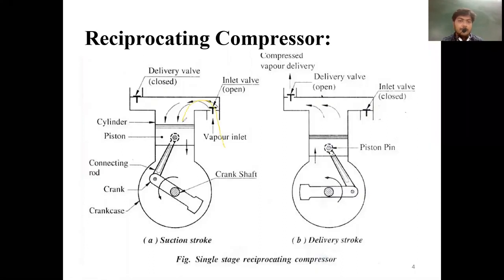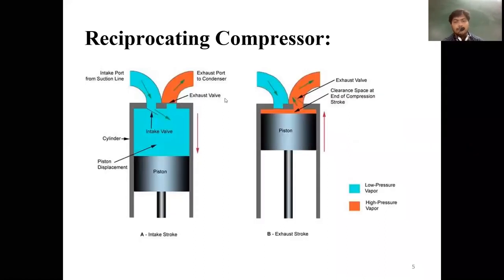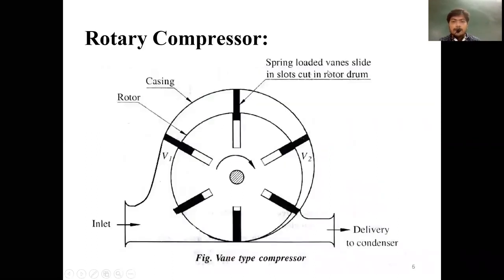Here the refrigerant comes in, and the crank rotates. The piston moves from bottom dead center to top dead center, so pressure increases and the refrigerant goes out. Next is the working: when the piston moves in the downward direction, the refrigerant enters the cylinder, and when the piston moves upward from BDC to TDC, the compressed refrigerant goes out and is transferred to the condenser.